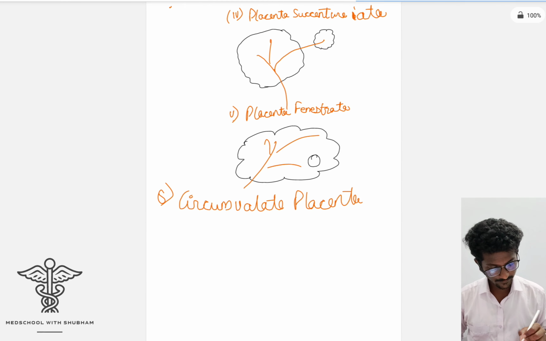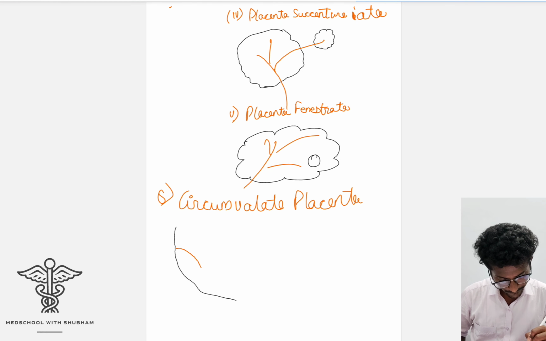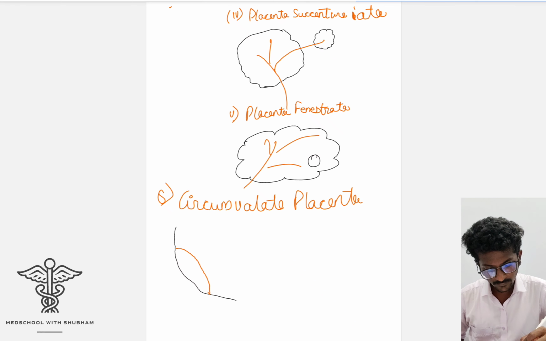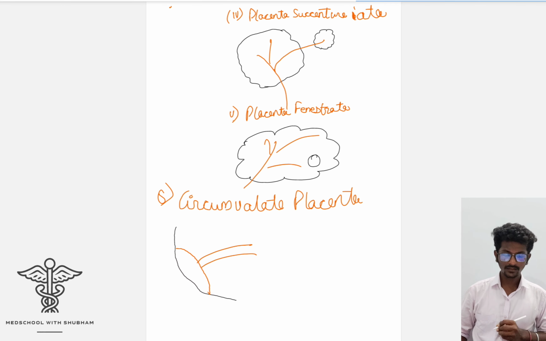So what is circumvallate placenta? Assume this is the decidua basalis, and over that we have the placenta, and this is the umbilical cord.